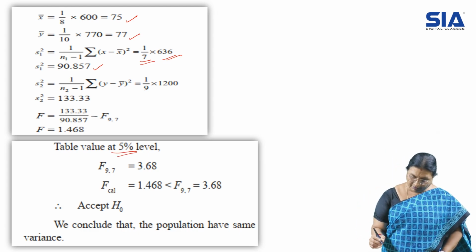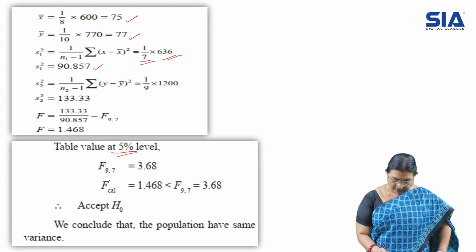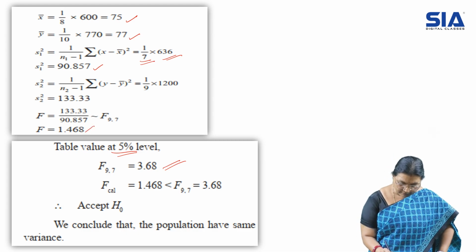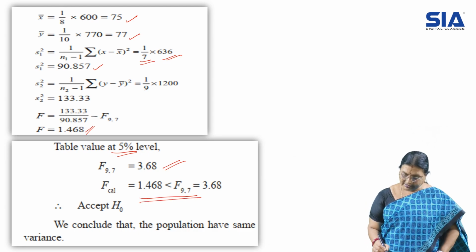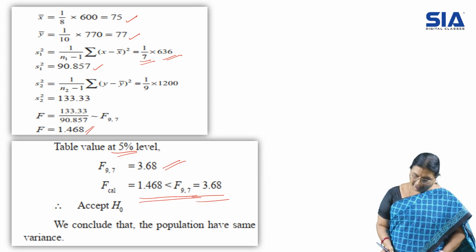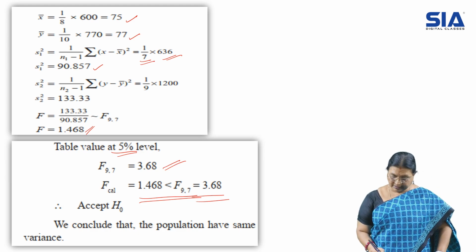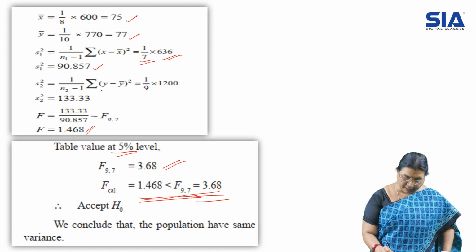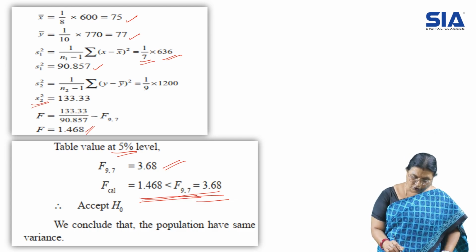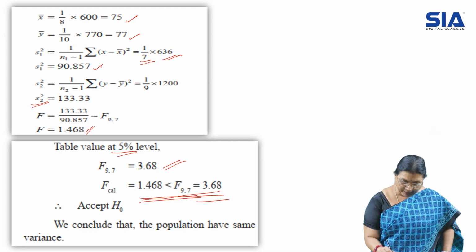Now let us see what the table value is. The table value for 9 and 7 is 3.68. So we got the calculated value of 1.468. The calculated value is less than the table value, so we accept the null hypothesis. So f is equal to 1.468, the ratio of variance 2 and variance 1, which we get as 1.468.